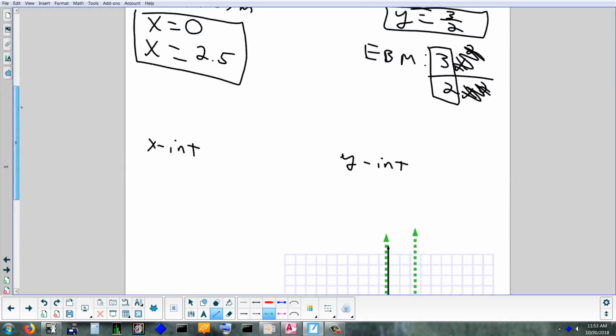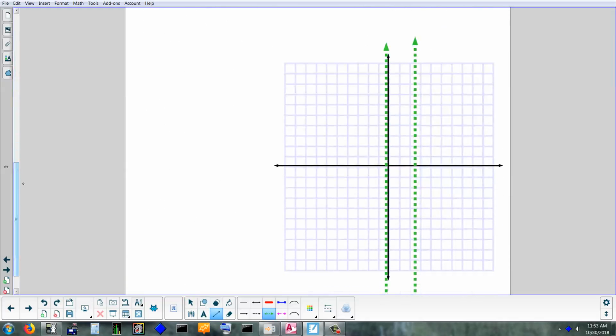Horizontal, 3 halves. Well, 3 divided by 2, that's about 1.5. Okay, I got my 6 sections again. We're going to end up drawing in 3 of them. It's going to look very much like the last graph. The only difference is now the horizontal asymptote is not on the axis. It's been pushed up.